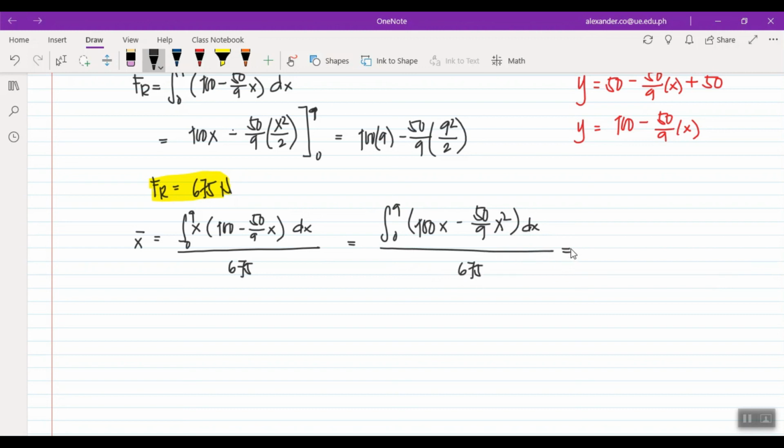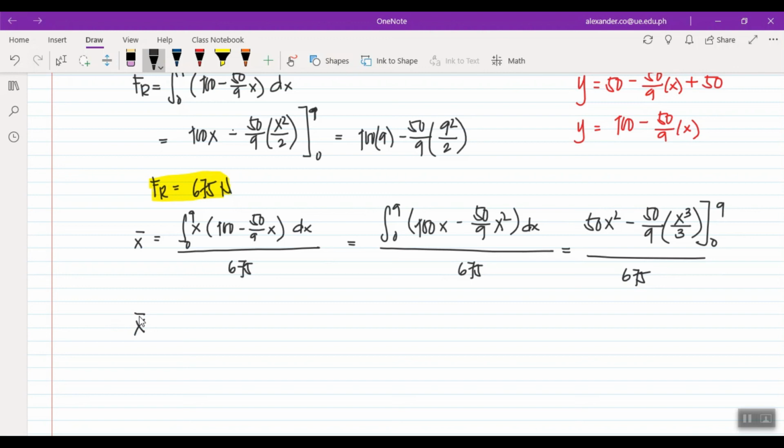And the answer is what? So 100 x squared over 2, so 50x squared, tama? So that will be 50x squared minus 50 over 9 times x cubed over 3, from 0 to 9, over 675, and the answer is, diretso yun natin.